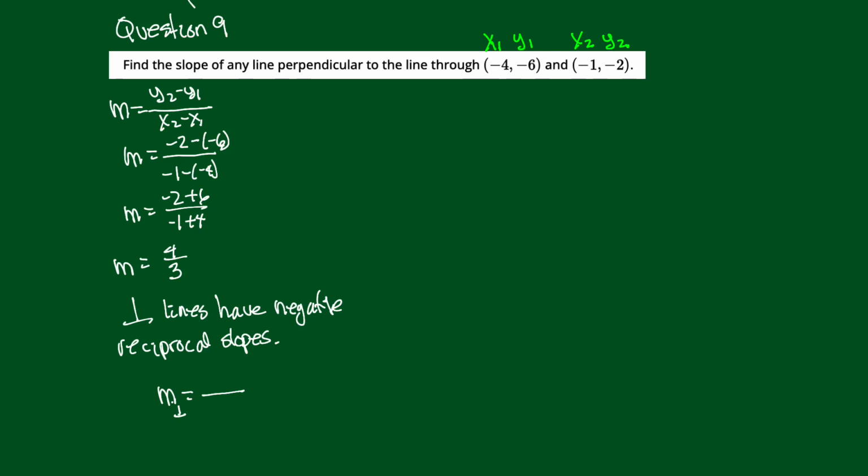Slope of the perpendicular line is going to be the negative, all right, so negative of the reciprocal of this number right here. Now the reciprocal, just flip it over, 3/4. That's the slope we're looking for. That's the slope of any line perpendicular to the line through these 2 points that were given up here at the top.